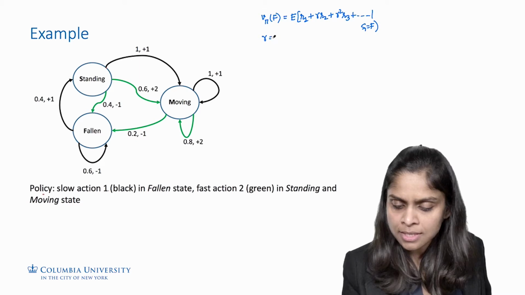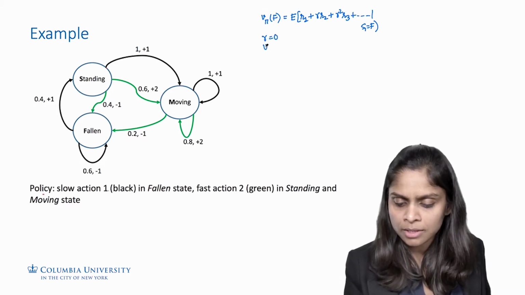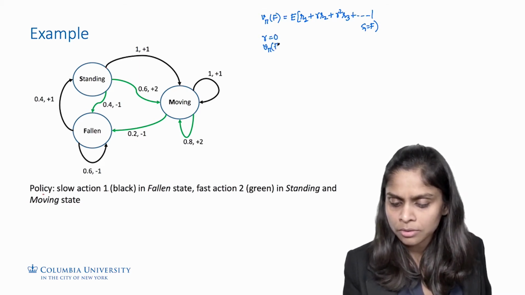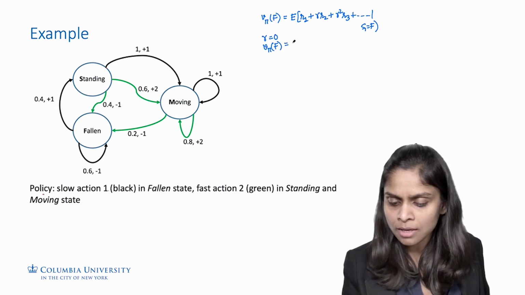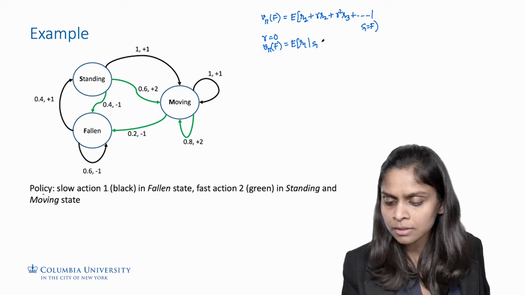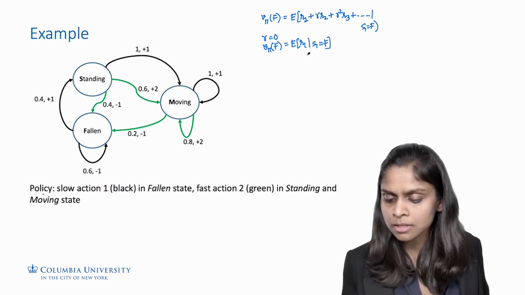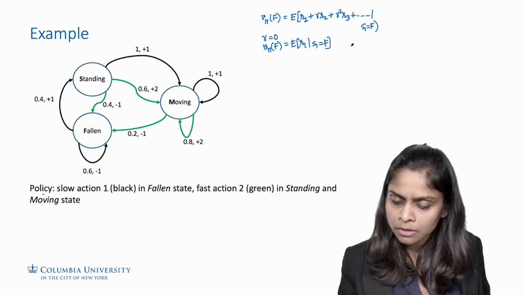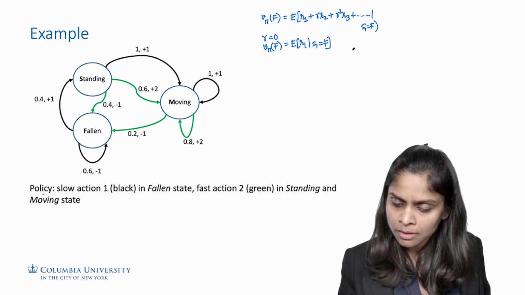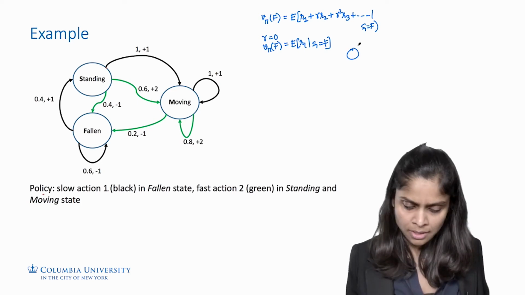For starters, let's take gamma equals 0, so that the value of the policy starting in state f is simply the expected immediate reward, given that the starting state is the fallen state f. To compute the immediate reward, let's look at the two possibilities for the next state.